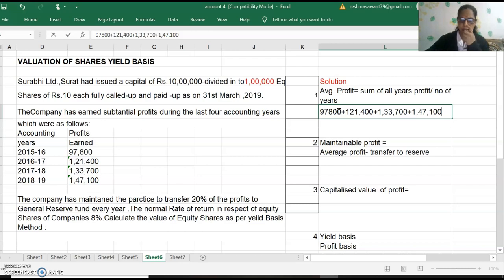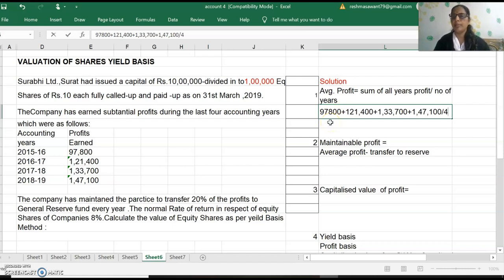If any loss is there, it should be considered and reduced from the all years' profit. So the sum of all years' profit minus loss, if any, divided by number of years. In this question, we have 4 years' profit, so divided by 4 years.